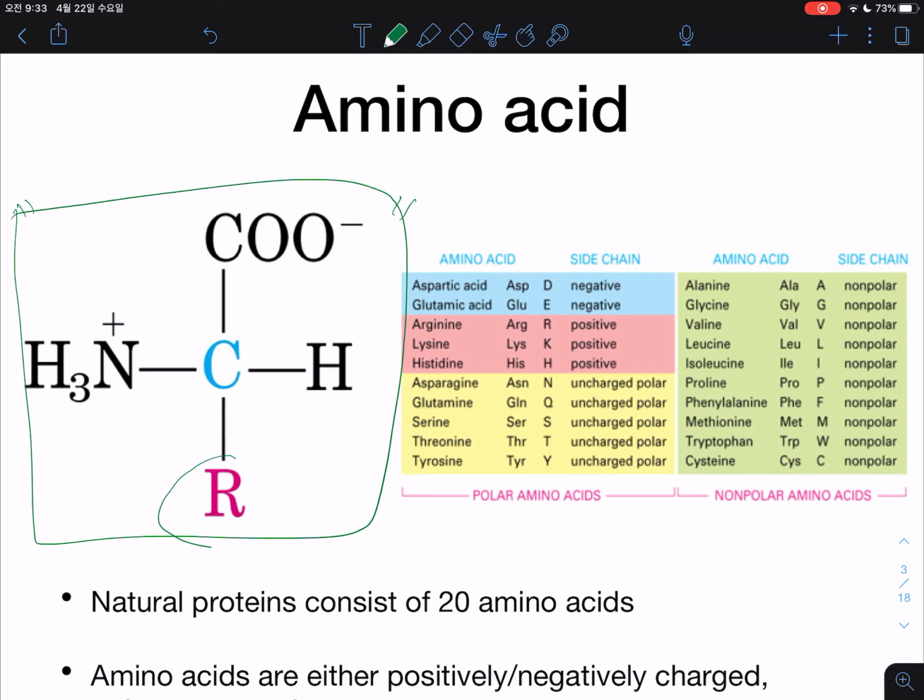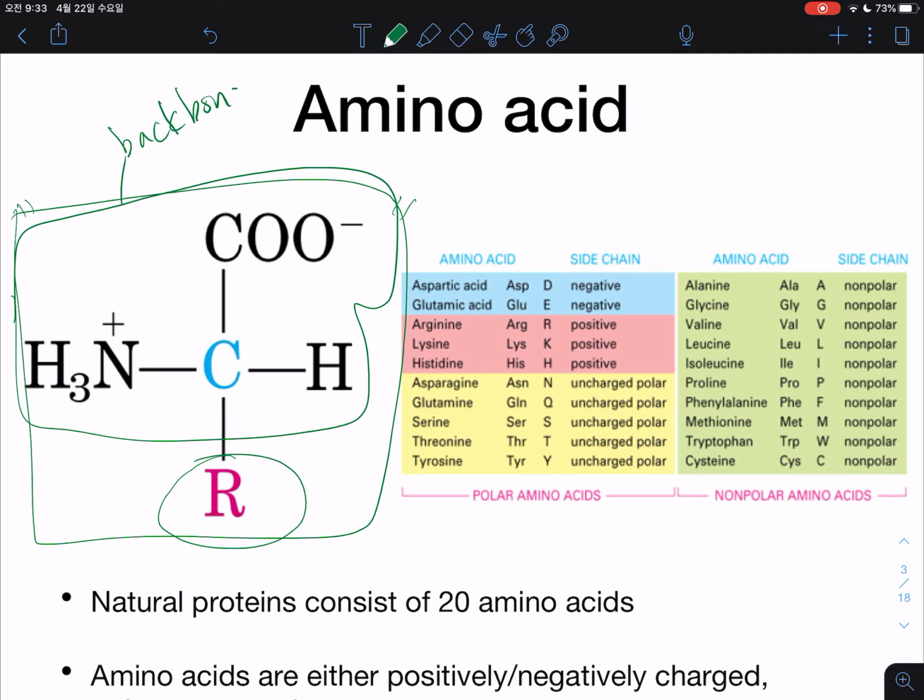As you can see here, these parts are called the backbone, and they are the same for all amino acids. Only this R group, this functional group, is changed.